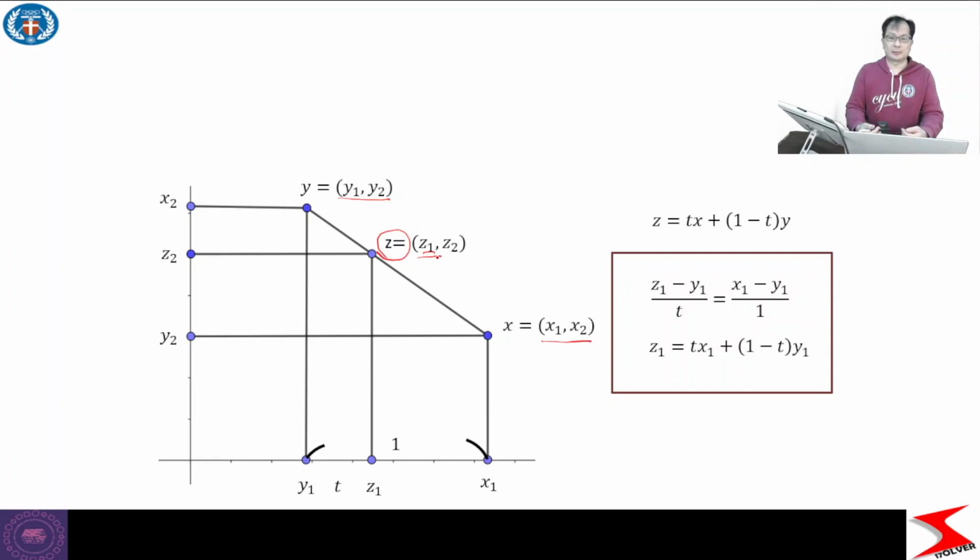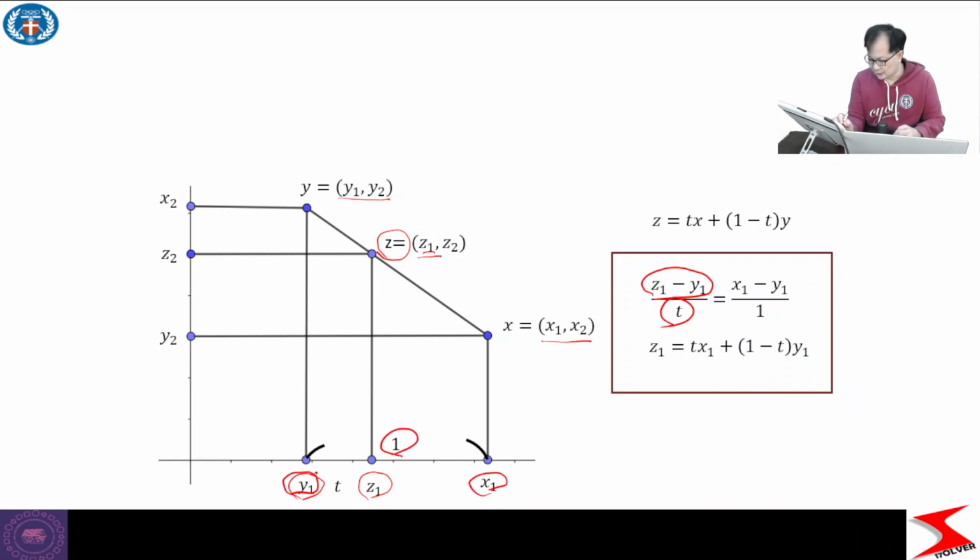We can use the proportional relationship between the segments xy and yz, using z1 and y1: (z1 minus y1) divided by t equals (x1 minus y1) divided by 1.